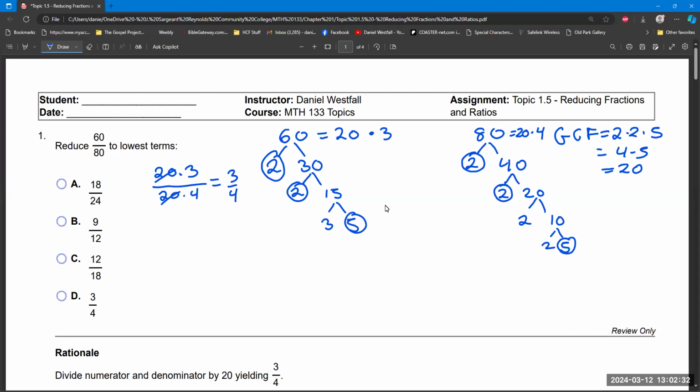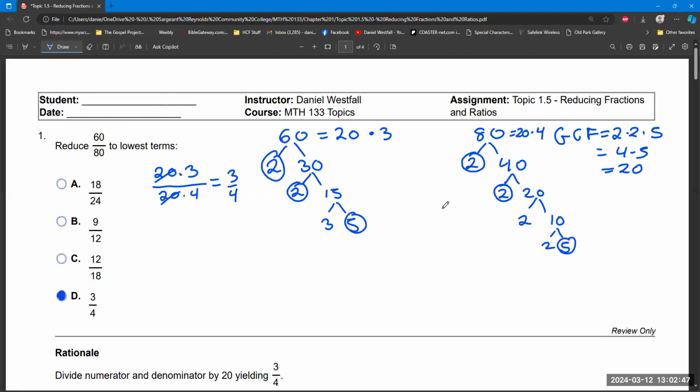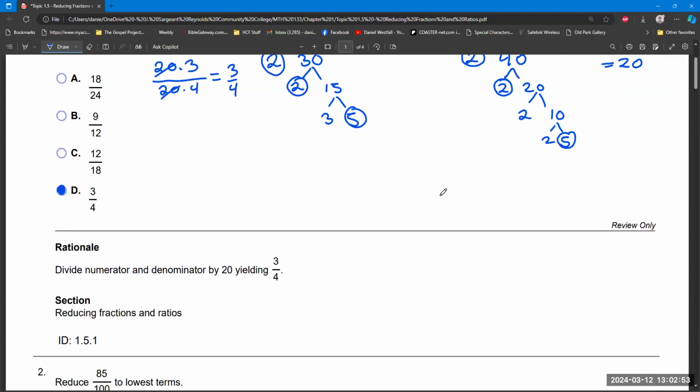And I'm sure that I have reduced my fraction completely because I used what is called my prime factorization here to make sure that I broke everything down into its prime factors. There's no other factors that I missed. This factor tree method takes care of everything.